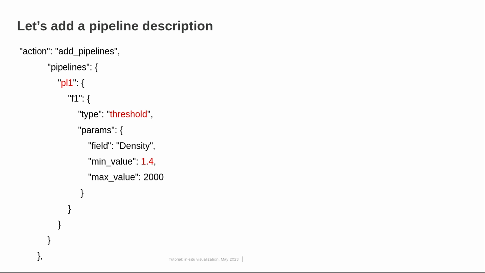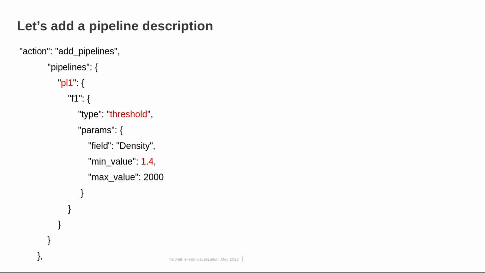Here's a pipeline description where I think we haven't seen one example yet, where we add a pipeline with a given threshold on a scalar field. So those would be the parameters to use for the thresholding operation.